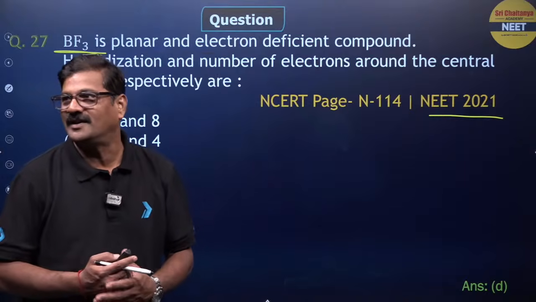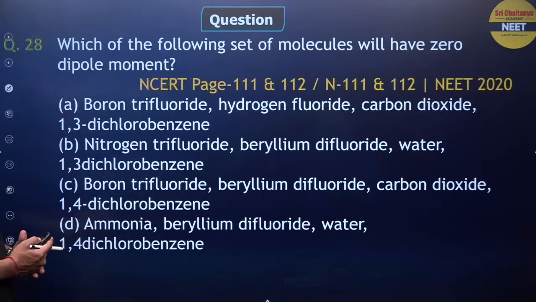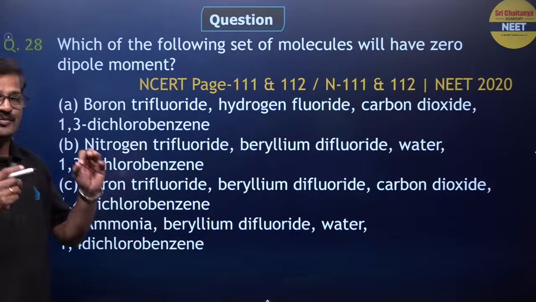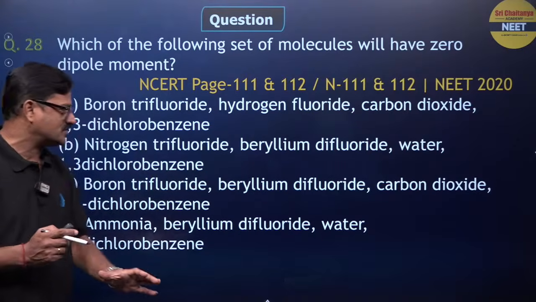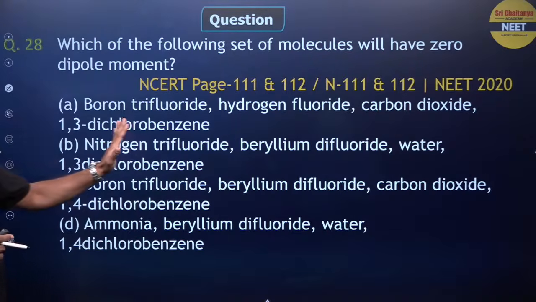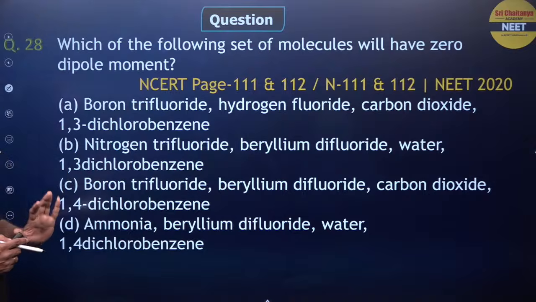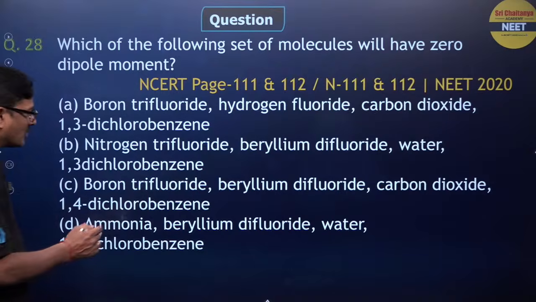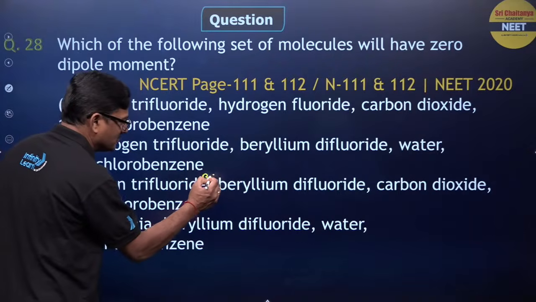Next question for you: which of the following sets of molecules has zero dipole moment? My dear children, there are many questions on dipole moment. The list of compounds is given: nitrogen trifluoride, boron trifluoride. BF3 has zero dipole moment.